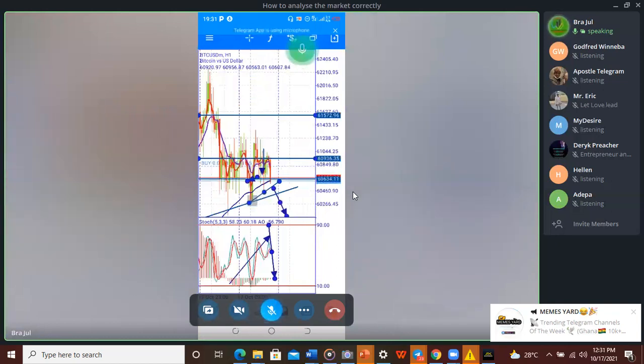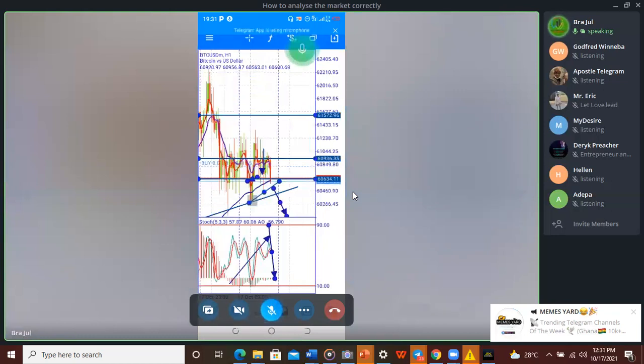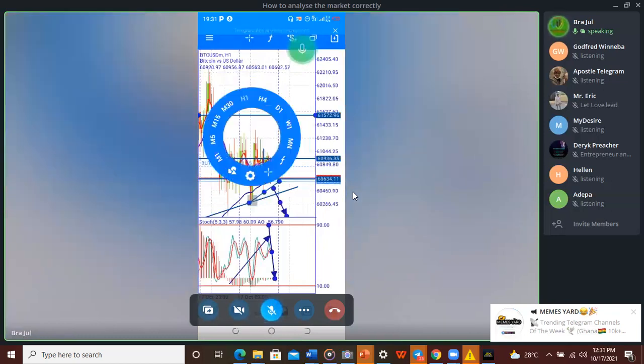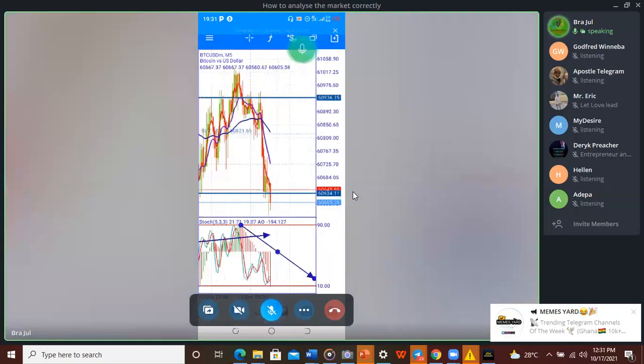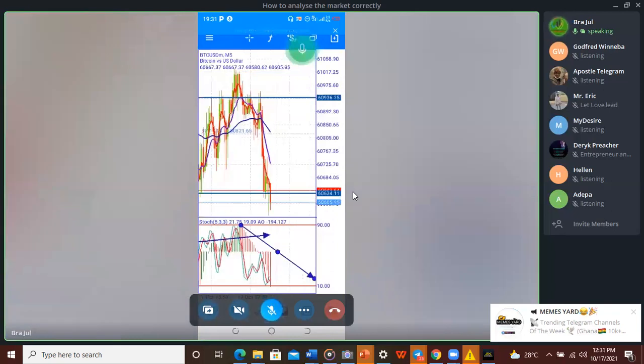So as you are waiting for a buy over here, confirm whether that is respected, the trend lines that you have over here connecting your trend supports. On the M5, there is no indication of a bullish movement.